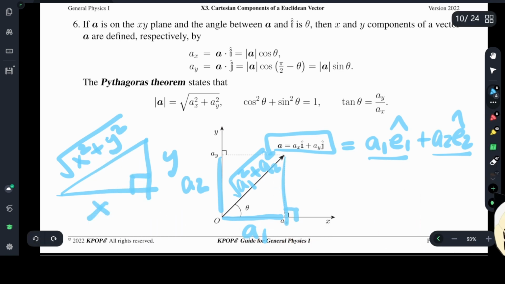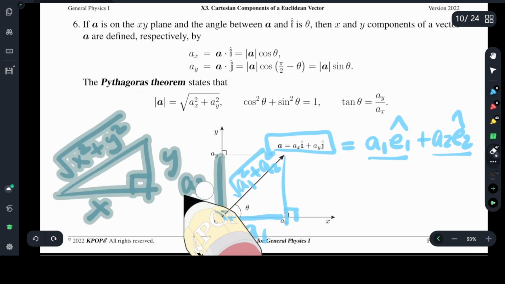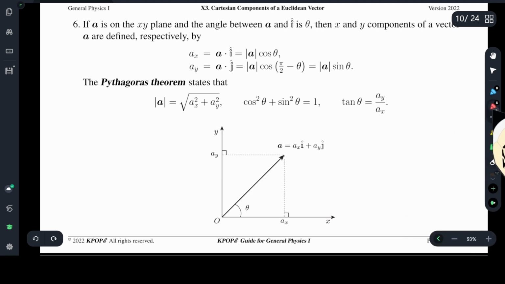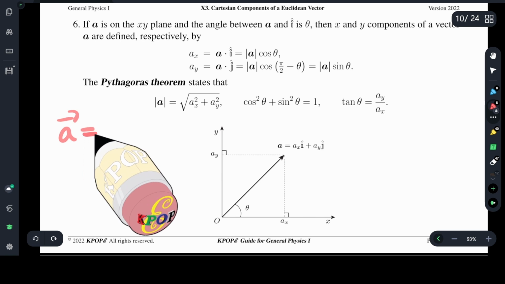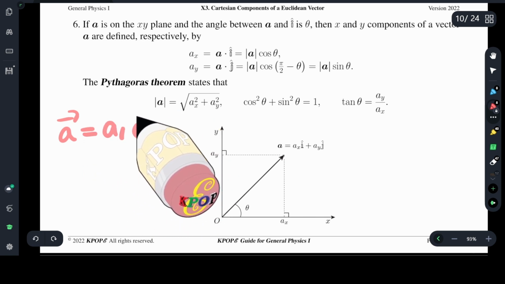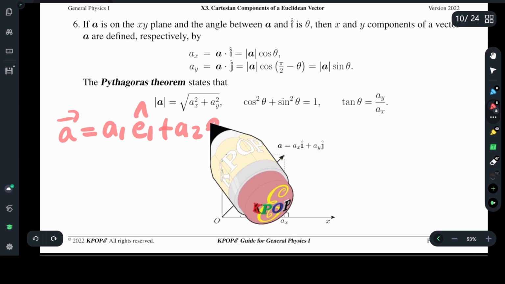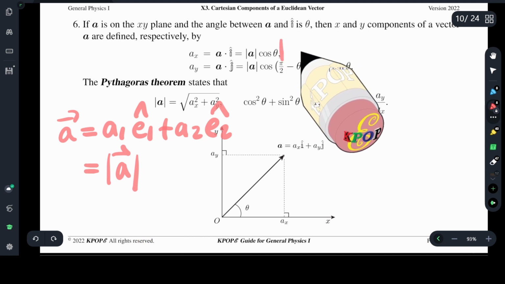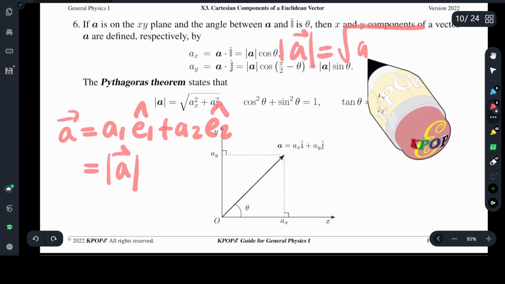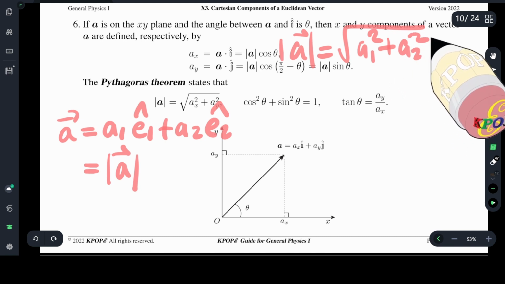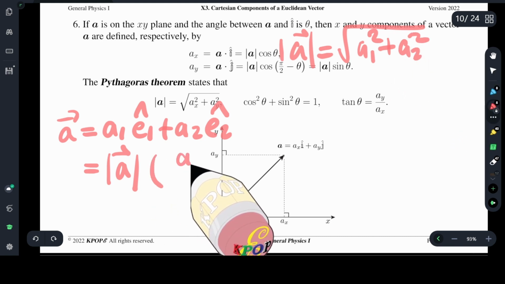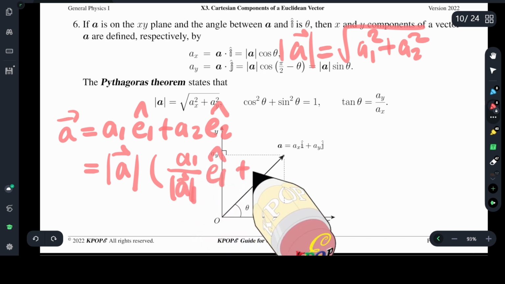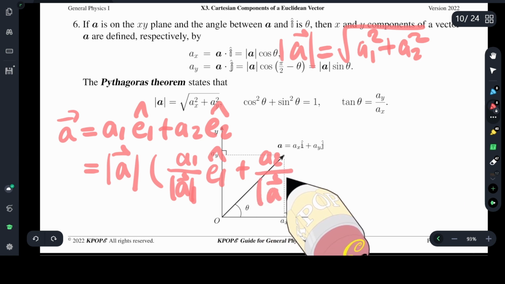So, a vector is a1 e1 hat plus a2 e2 hat. I can pull out the magnitude of the vector, which is the square root of a1 squared plus a2 squared. And this is a1 over the magnitude of a times e1, plus a2 over the magnitude of a times e2.